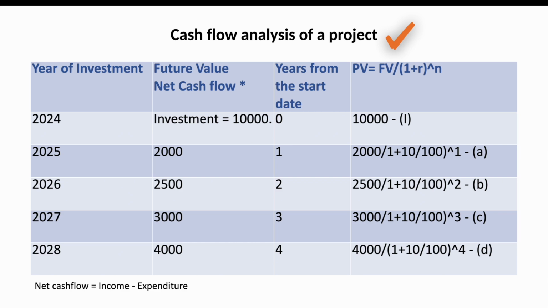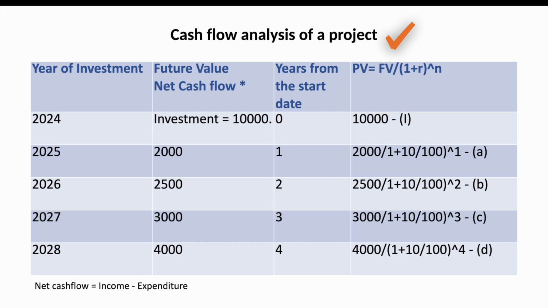The equivalent present value becomes 3,000 divided by 1 plus 10 by 100 to the power of 3. Let us call it C. And in 2028, the anticipated net cash flow is 4,000. So n is 4, and the equivalent present value is 4,000 divided by 1 plus 10 by 100 to the power of 4. That is D.